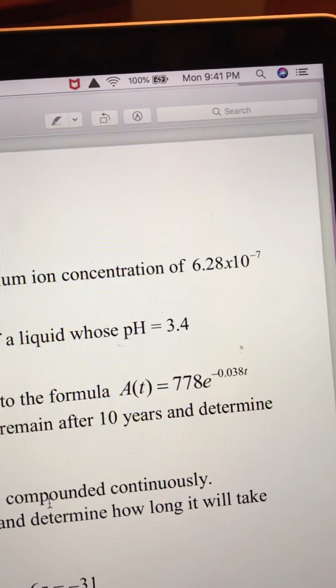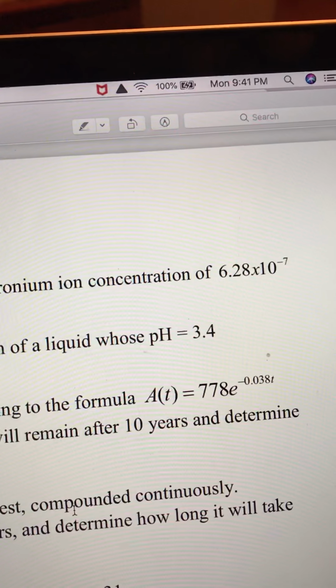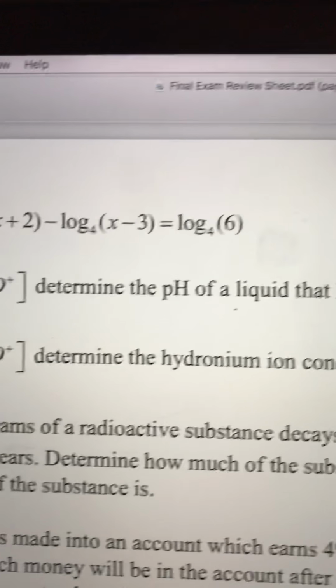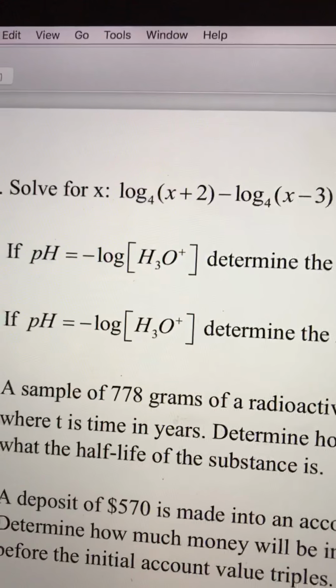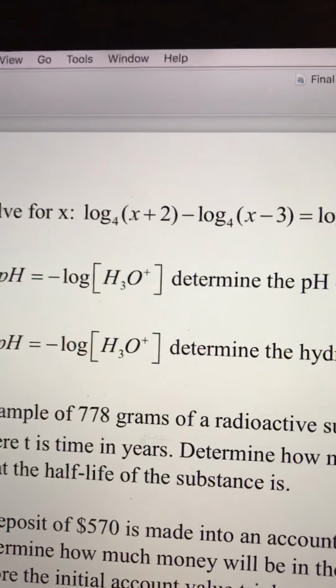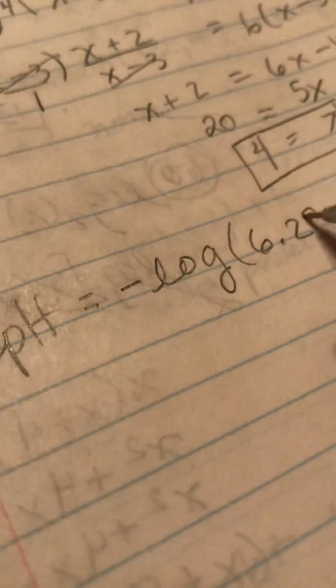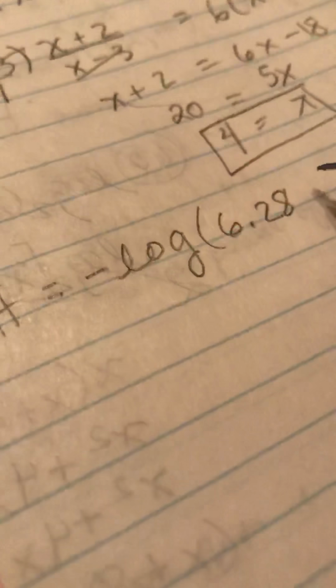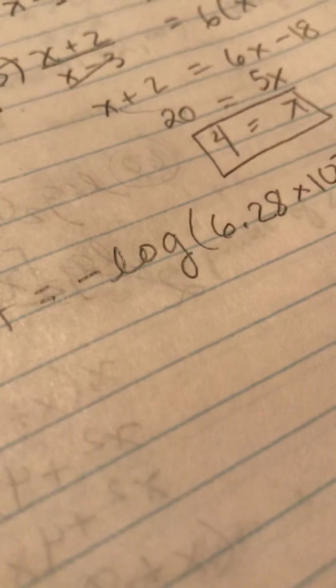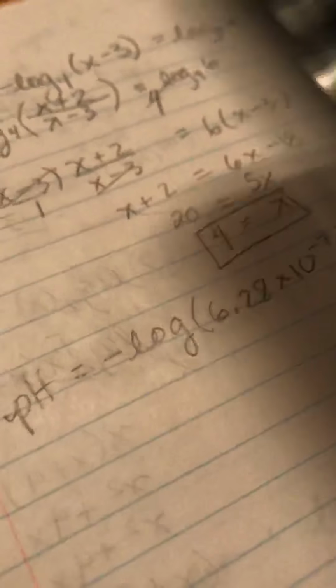So for that one, you just plug that number into the formula here. So you're going to be taking negative log of 6.28 times 10 to the negative 7th power. And that you can just type into your calculator.